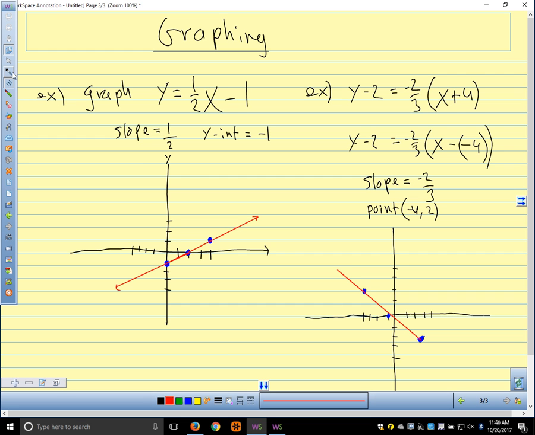My grid is not perfect, so I'll just make my points a little bigger. And there would be the graph of that line. And the slope is negative, so it should go downhill as we go from left to right.